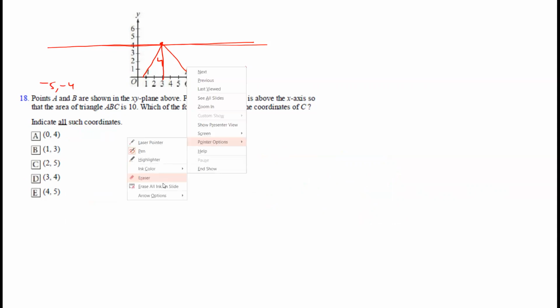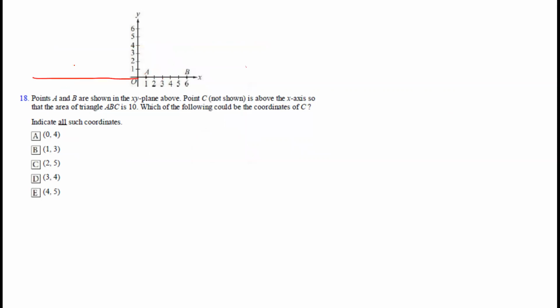Let's suppose we have this point. Again, the height would be 4. So the correct answer would be A and D.